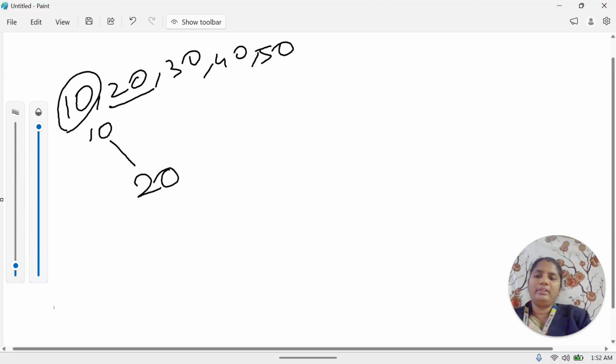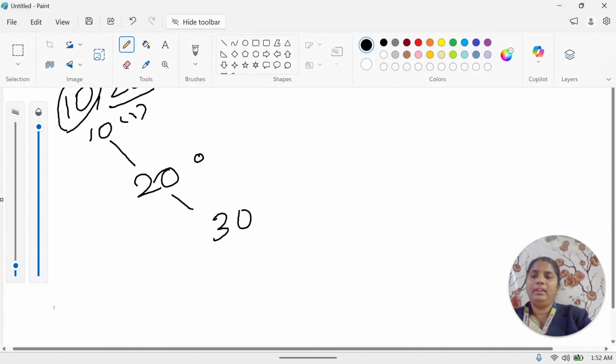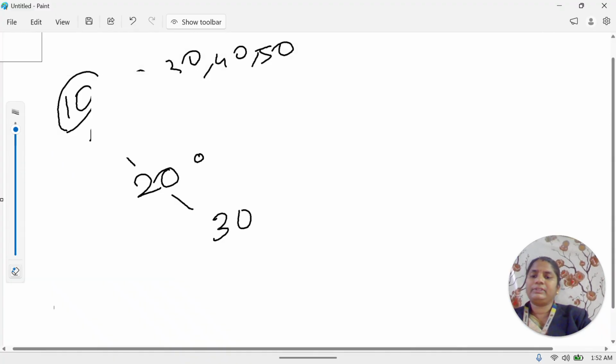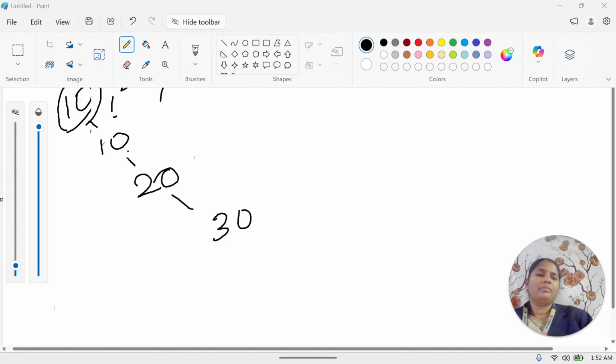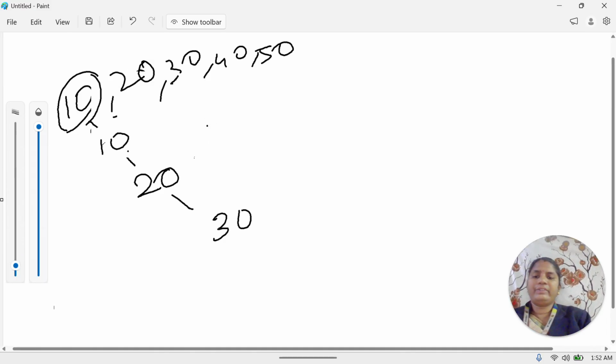Each time, we have to check the balancing factor. The balancing factor is 0 here, and here it is 1. It doesn't violate the condition. Next we insert 30. After inserting 30, the balancing factor of 30 is 0.